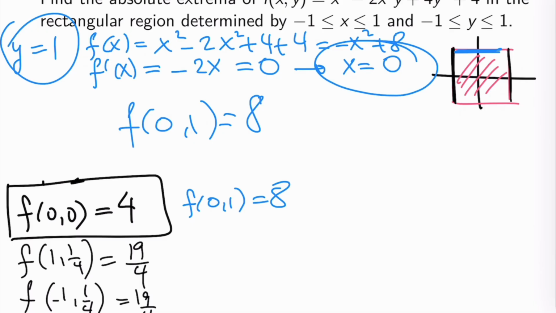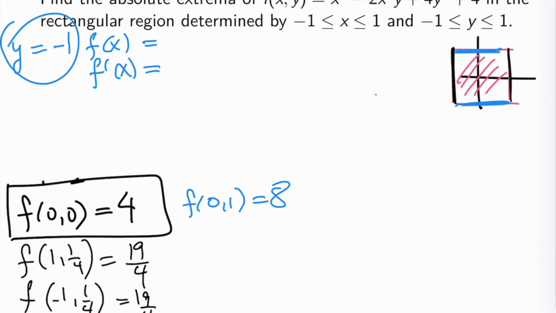Let's continue. The other segment here. That will be when y is equal to minus 1. So now let's substitute. For this case, when y is equal to minus 1, we get that the function is x squared plus 2x squared plus 4 plus 4, which makes 3x squared plus 8.